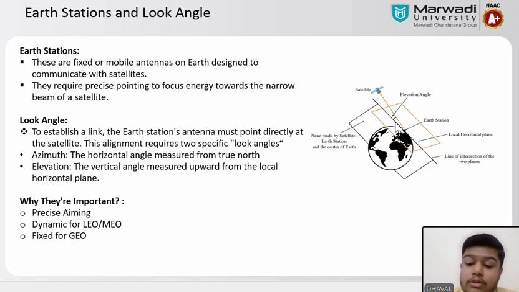They are important for precise aiming, for fixed geostationary orbit. That is why we need Earth stations and look angle.